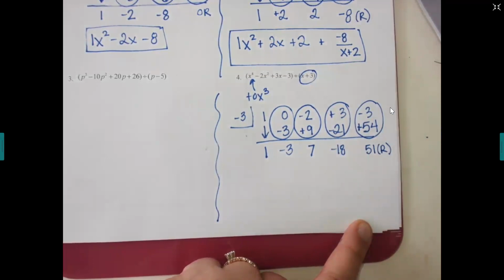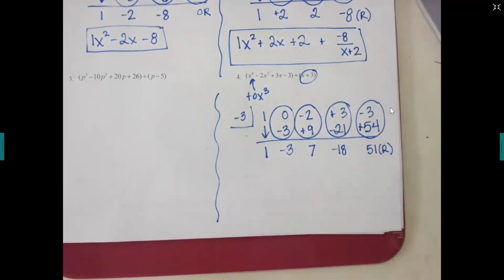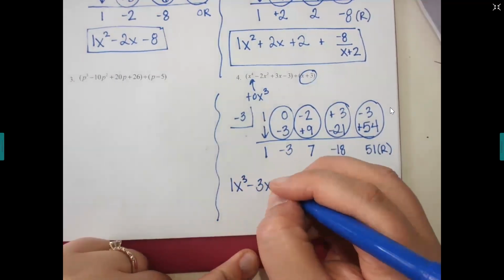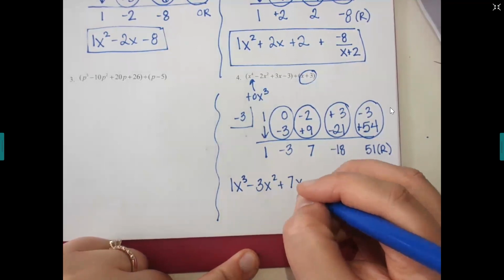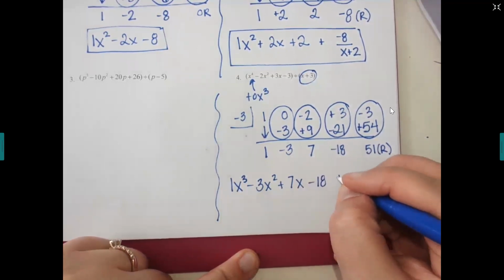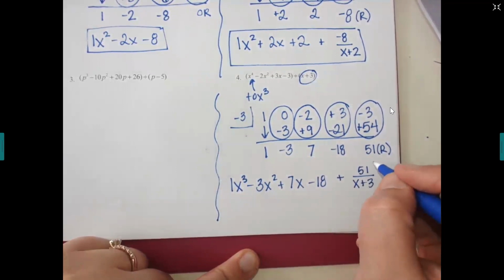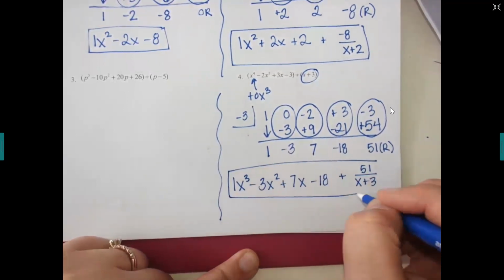What power did my equation start as? An x what? The biggest was a 4, then my answer, the biggest will only be 3. So it'll be a 1x cubed minus a 3x squared, 7x minus 18 plus 51 over x plus 3. Okay?